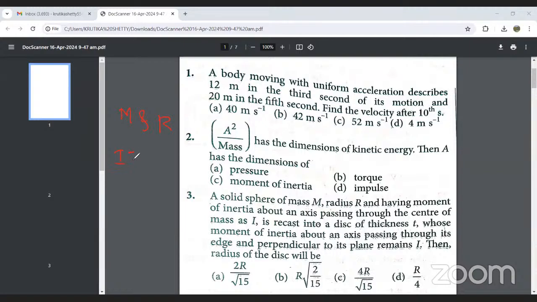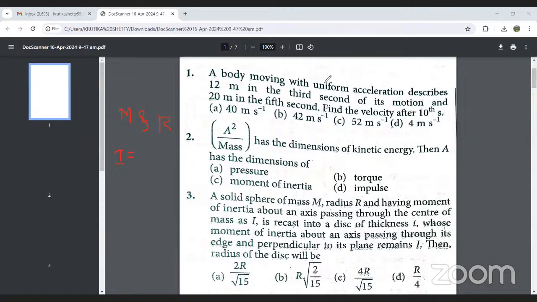For the solid sphere, students, we need to remember the moment of inertia values for the different shaped objects.